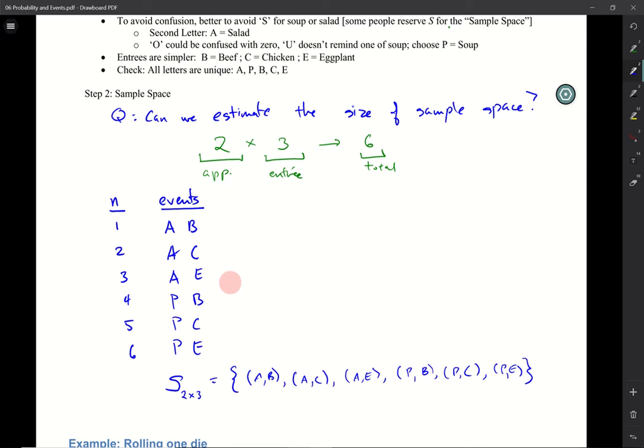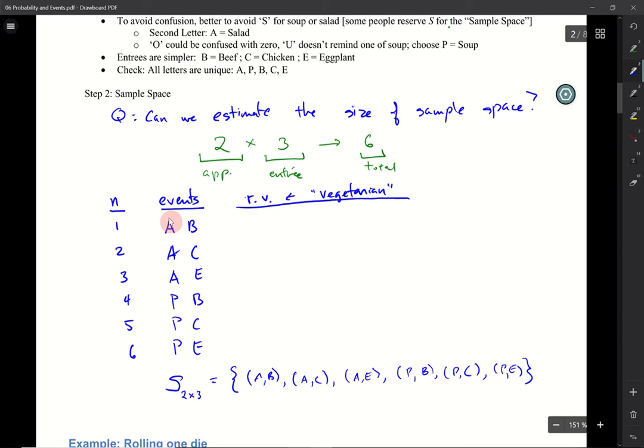Okay, what about a random variable, right? Lots of possibilities. Maybe one choice could be vegetarian. Right, and so the soup was actually a beef soup. So anything that had, oh, sorry, this is the salad. So here, this is the soup. So it was a beef soup.